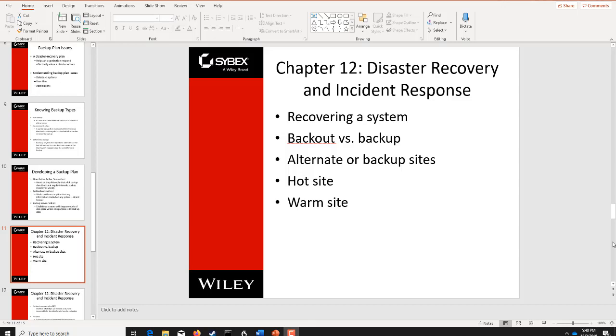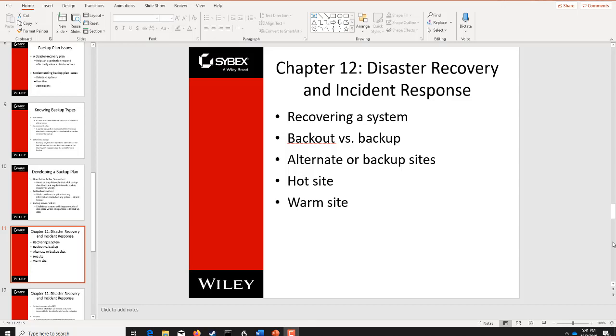A warm site is where we have a data center in another location that has assets readily available for us, but we may have to do some configuration changes or some software updates or something, some piece to get the site ready. A cold site is basically nothing more than four walls, HVAC, and power. We have to roll everything in and reconfigure everything from scratch.